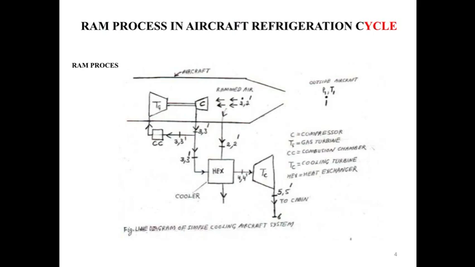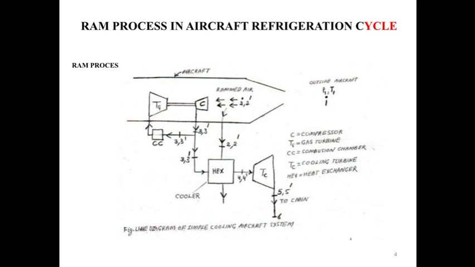After that, the rammed air goes to the C, which is the main compressor, and after the main compressor 80 or 90% of the air goes to the main combustion chamber, or you can say the aircraft engine, and 10 or 20% of the air we can withdraw for the air conditioning unit. Here you can see 3 dash in HEX, that is the heat exchanger.